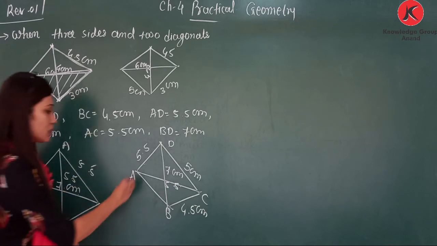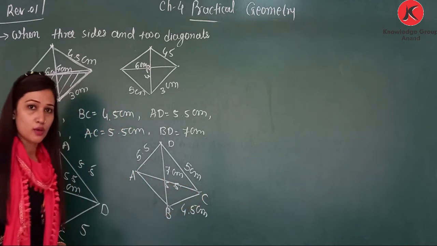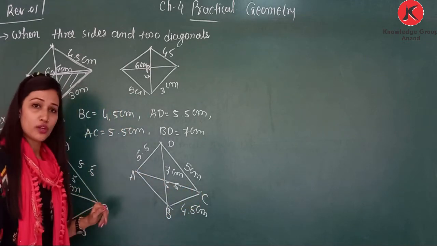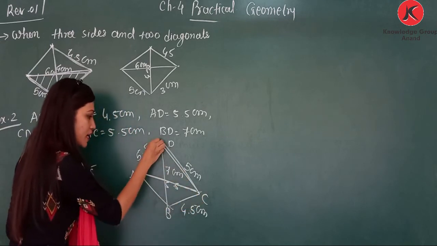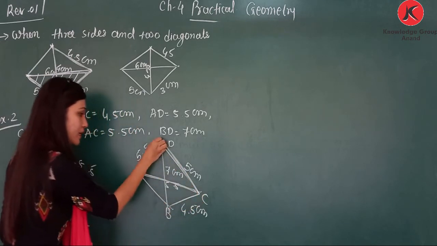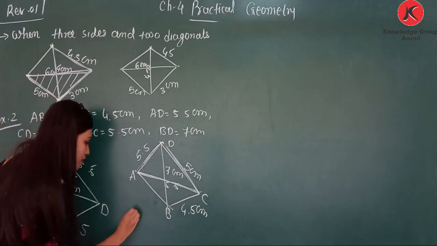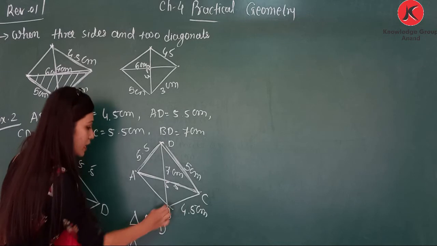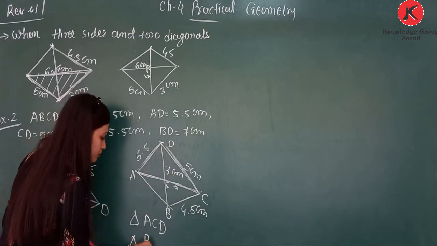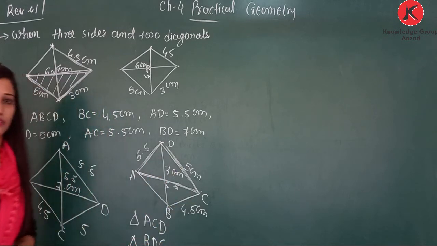Let's start with AC of 5.5 centimeter. Which triangle will we draw first? With this side, these two sides are given, which means we can consider triangle ACD first, then triangle BDC, and we get the quadrilateral.